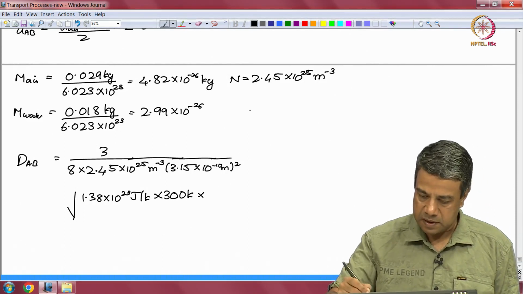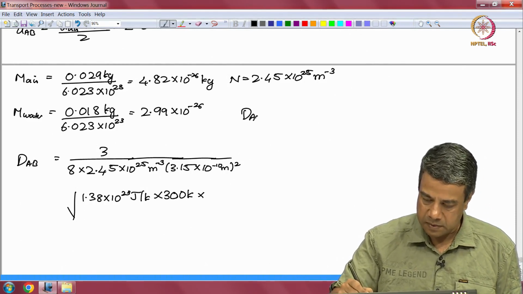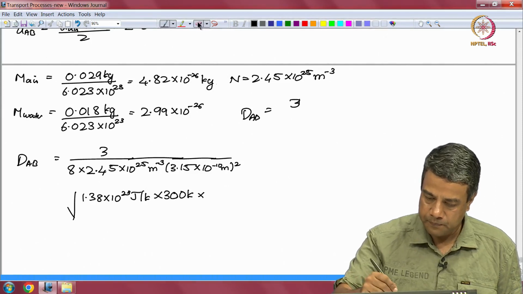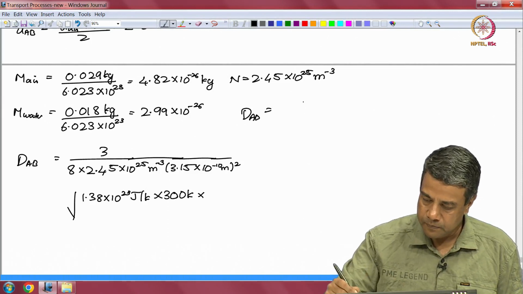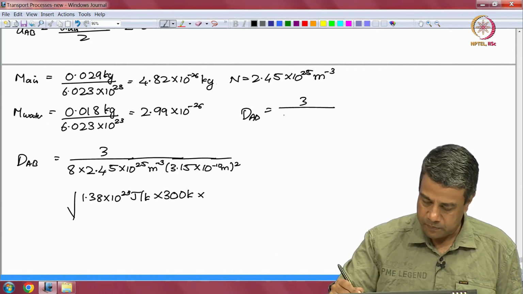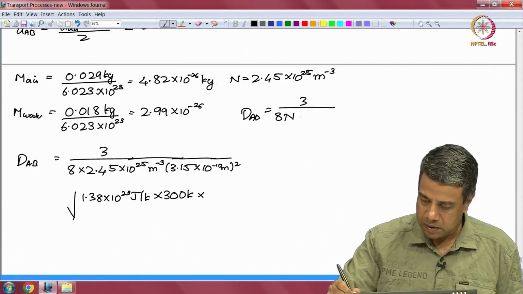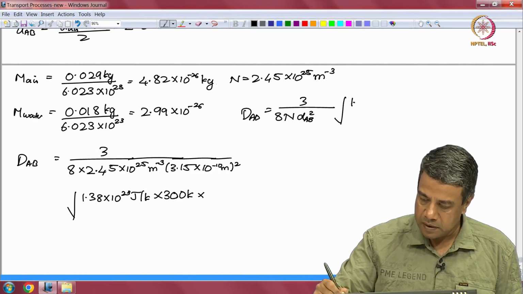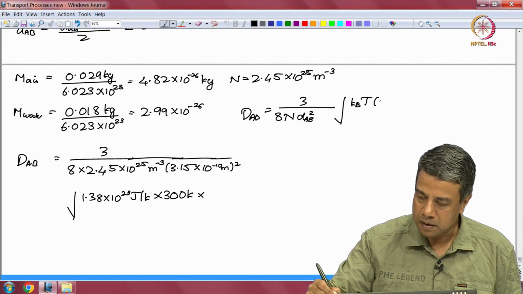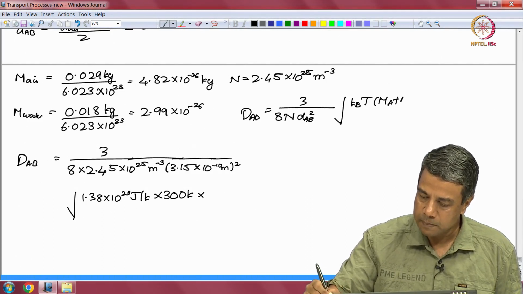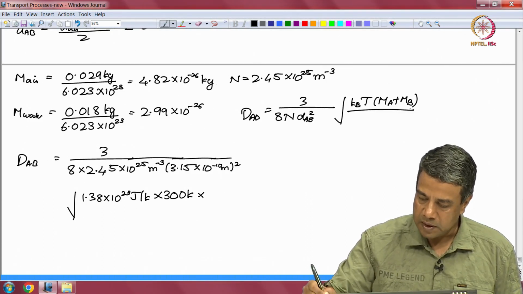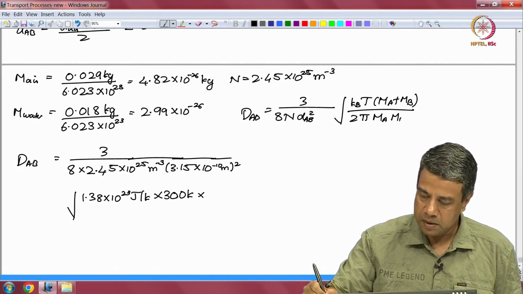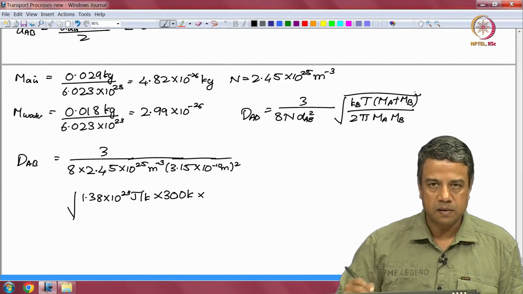Let me just write the expression here for DAB. 3 by 8 n dAB square root of kB T into (Ma plus Mb) by 2 pi Ma Mb. That was the expression we had on the previous screen.